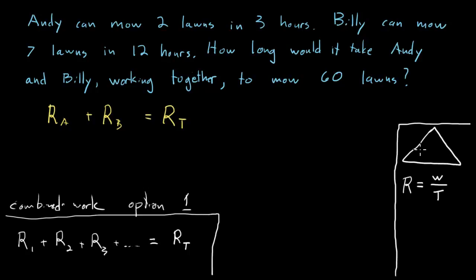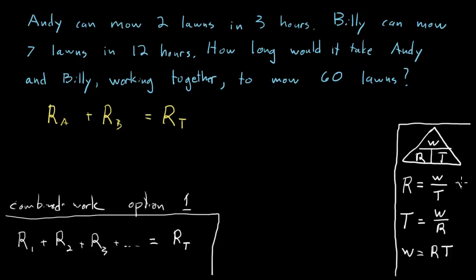This little work triangle, the W on top and then R and T at the bottom. The rate is W over T, rate is work per time, and there are 3 other formulas in here as well. The time is W over R, work divided by rate, and work is R times T. These are definitely relationships that we need to know, and you can use this little mnemonic triangle to memorize those.